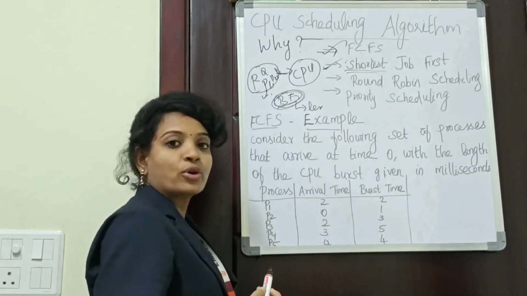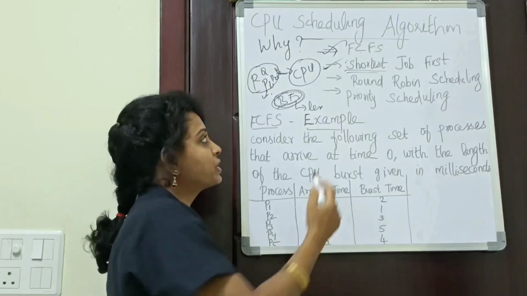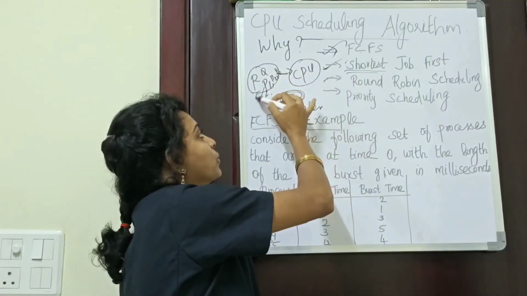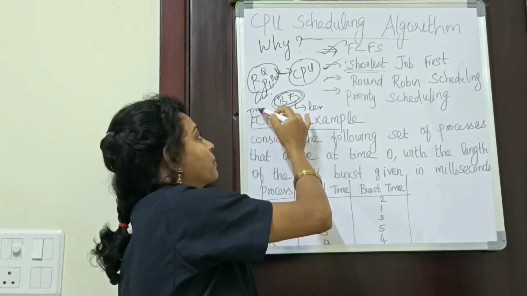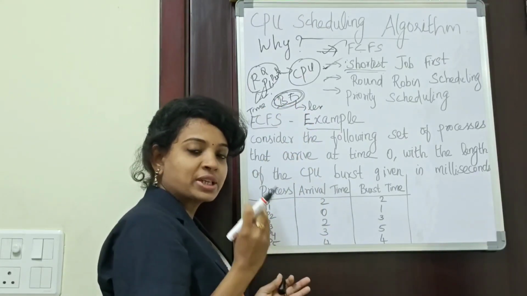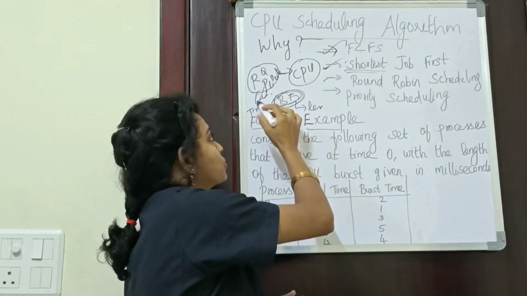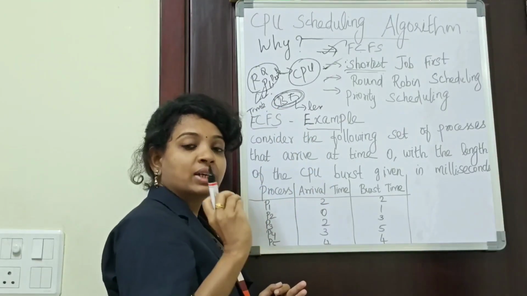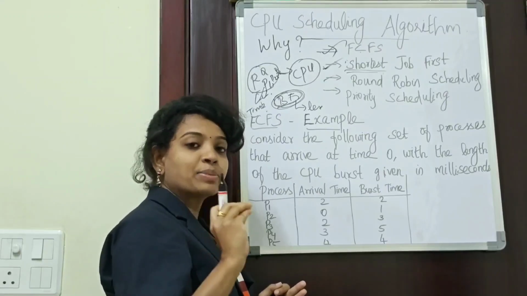Then next, round robin scheduling. Round robin scheduling means each process is given a particular time slot. Based upon the time slot, each process will be executed, so that every process is given some time.